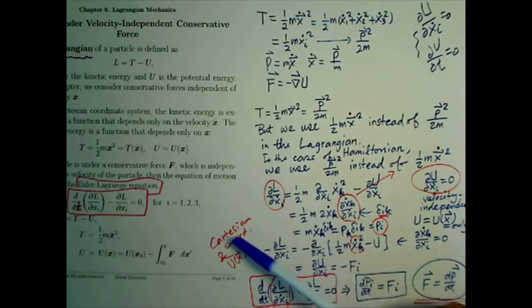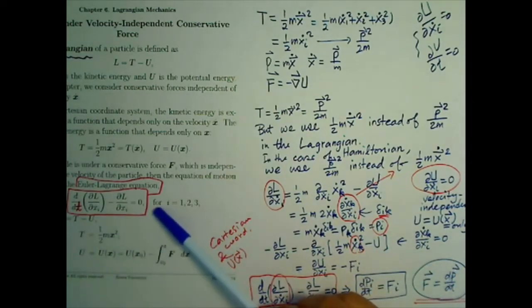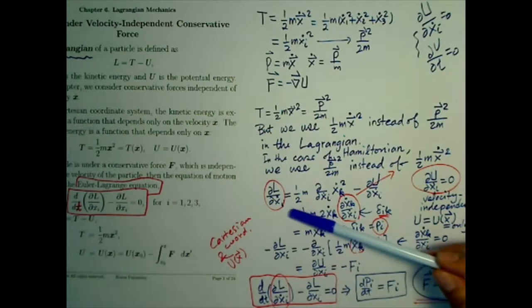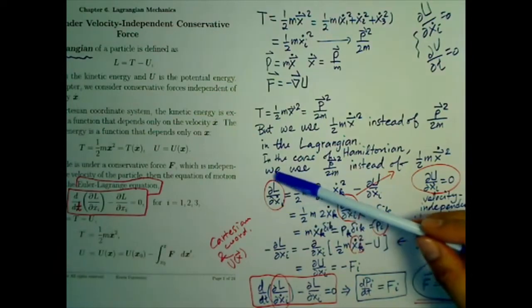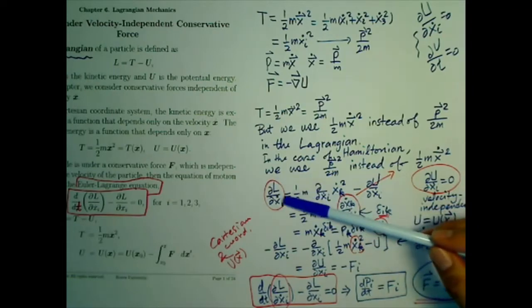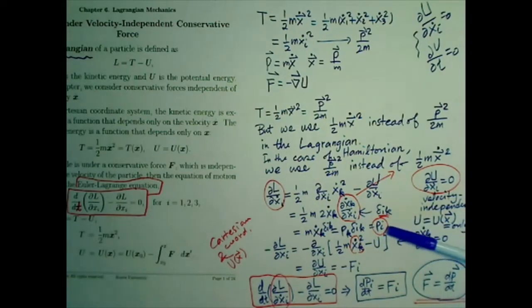Therefore this is called the Euler-Lagrange equation. So let me write down the Euler-Lagrange equation and substitute this. The velocity derivative of the Lagrangian was the conjugate momentum pi. So we can replace this one with the conjugate momentum pi, and we have the time derivative.